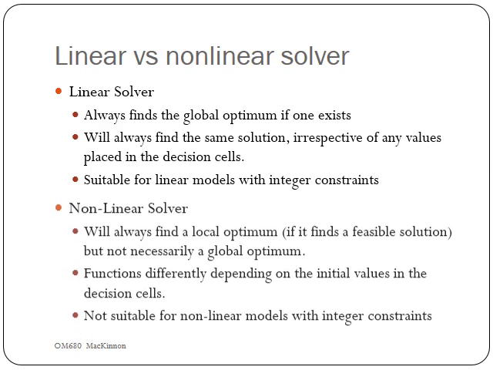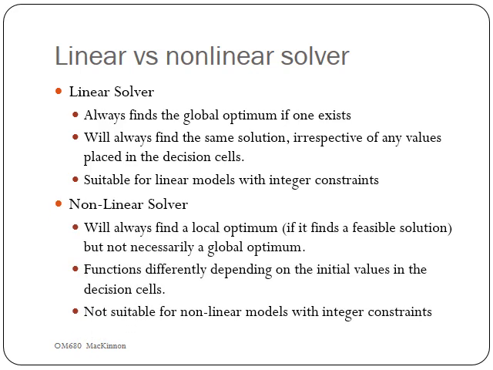The nonlinear solver will always find a local optimum if it finds a feasible solution at all, but not necessarily the global. And it will function differently depending upon how you initialize the cells. If the cells are all blank, it may find one type of solution. If you put 10 in all the decision cells, for example, it might find a different solution. And it is not suitable for models with integer constraints.